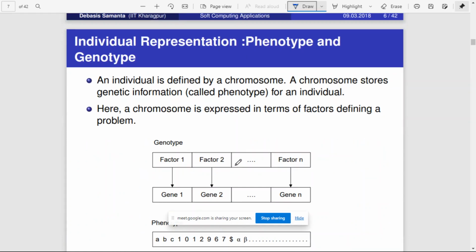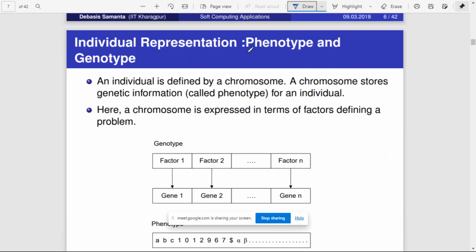And then here we will be using 2 terms. One is called phenotype, the other one is genotype. An individual is defined by a chromosome. A chromosome stores genetic information. We know that the chromosome contains genetic information, but that is a generic statement.